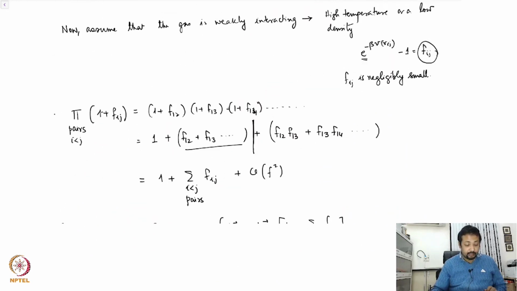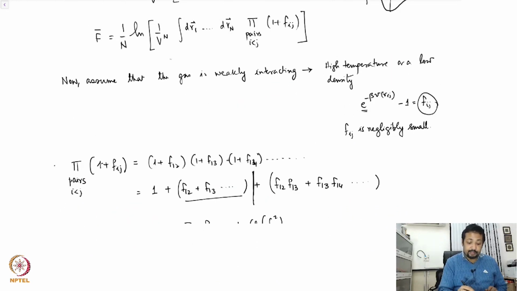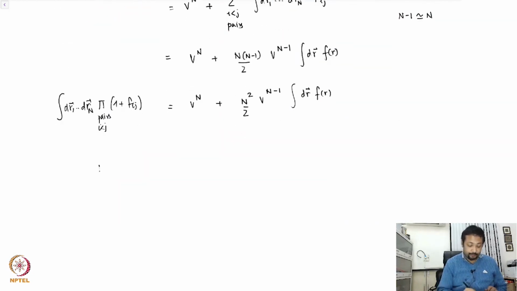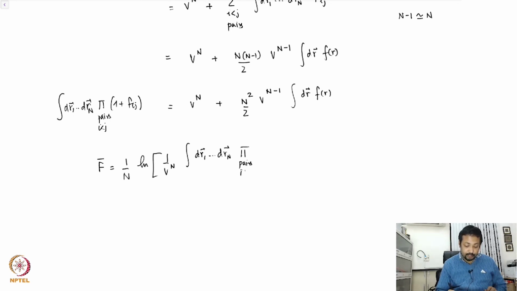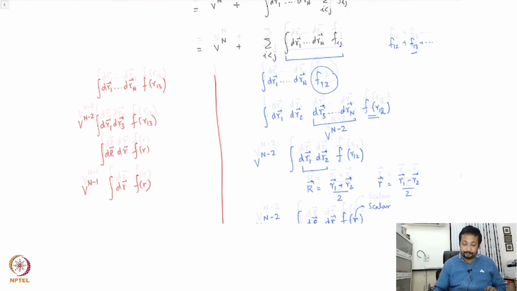Then this means I'm interested in this quantity. So let's write down f bar. I'm interested in f bar, which is going to be 1 over n, and then I have log of 1 over V to the power n, the integral dr1 through drn, product over pairs i less than j of 1 plus f_ij. This was the quantity that we had defined.